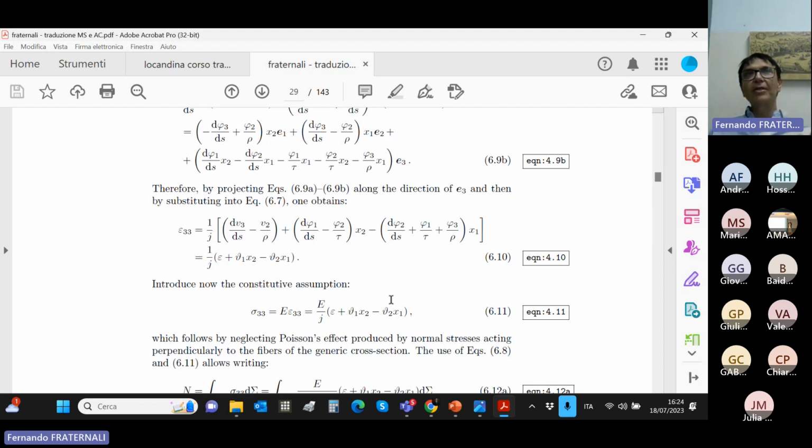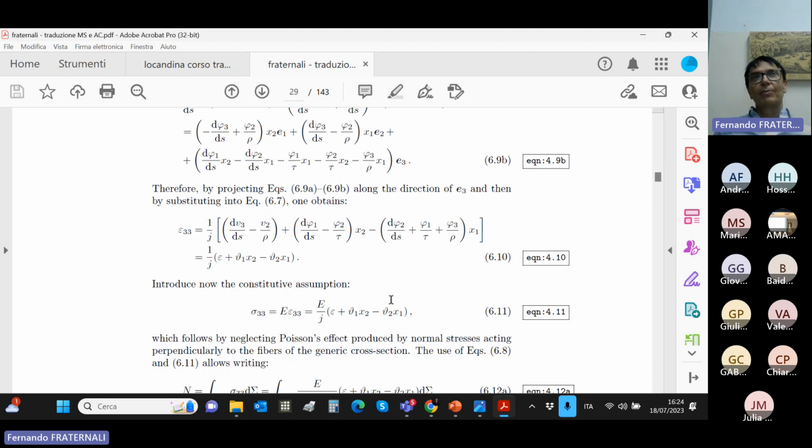In one way or another, we can assume sigma 3 is equal to E epsilon 3, and this is respectful of the assumption that the cross section remains rigid. And so we assume this equation.